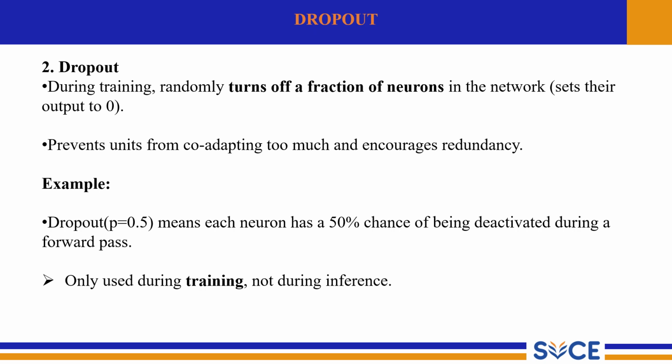When we move to inference or testing, all neurons are active and the outputs are scaled appropriately to account for the dropout effect. In short, dropout helps us build networks that generalize better, resist overfitting, and perform more reliably on unseen data.